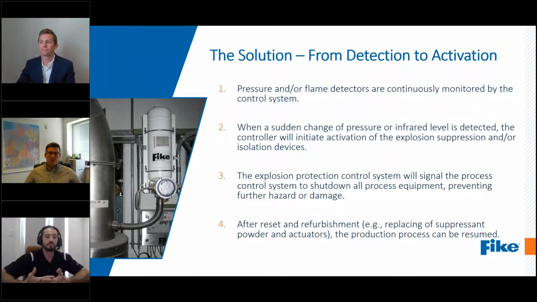The explosion protection control system then signals the process control system to shut down all equipment, preventing any kind of further hazard or damage in other interconnected zones. And then after the reset and refurbishment, which is our word for the replacement of suppressant and actuators that allow for initiation of our devices, the production process can be quickly resumed.